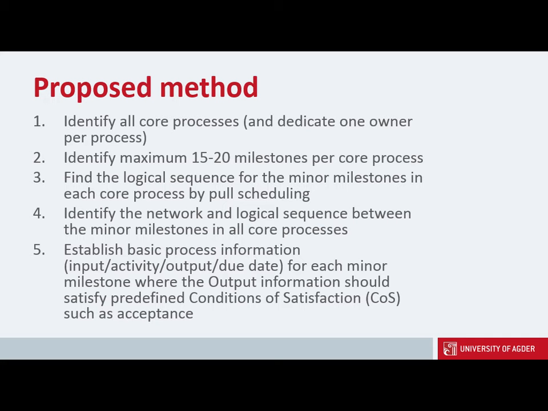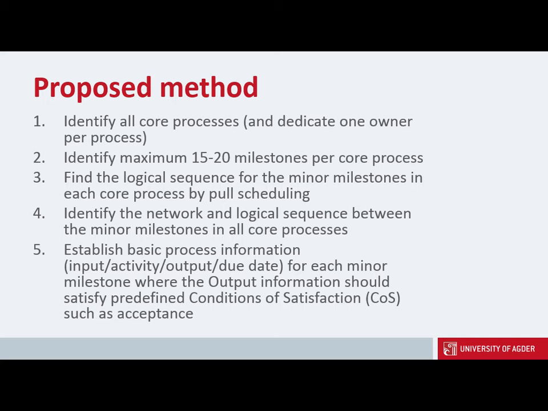Between the main milestones, we need to have some sub-milestones. It's a hierarchy of milestones, if you like. Then we can apply pull scheduling, like the reverse scheduling in the last planner system.